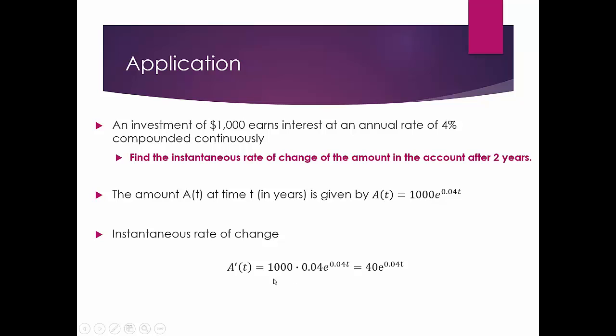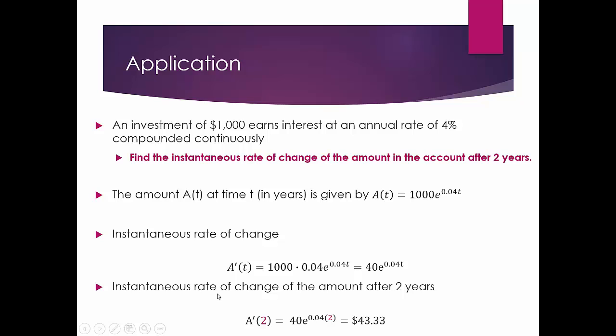The 1,000 is just a constant that goes out front. For e raised to any power, the derivative is e raised to that power times the derivative of the power. That's the chain rule piece. So that's why you see the 0.04, because that's the derivative of the exponent. And as you see, I multiply that out to get my value.